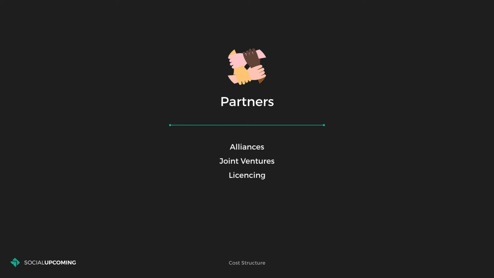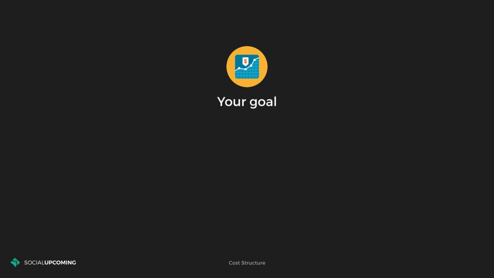So you have to think about partnerships and how they can benefit you and also what expenses they actually generate. So your goal with the cost structure is to have lower expenses than what you generate in revenue. So you want to decrease the costs for resources, you want to decrease the cost for activities, and you want to decrease the cost of partners and partnerships.